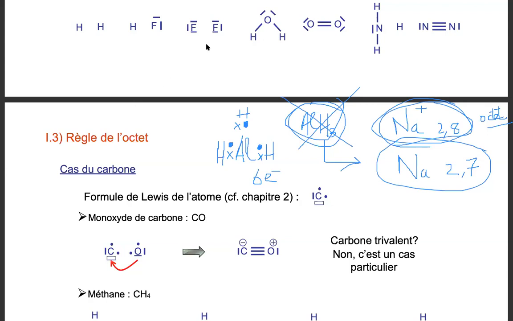You have xenon, when it forms an ion. So when you do the electronic configuration, when you do the Lewis structure for these 5 electrons, let me just try to draw it.